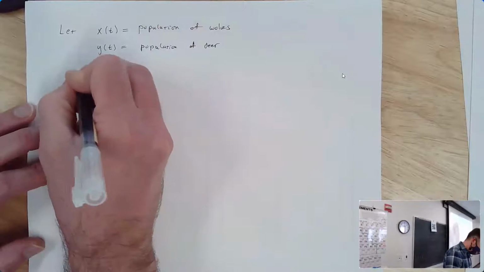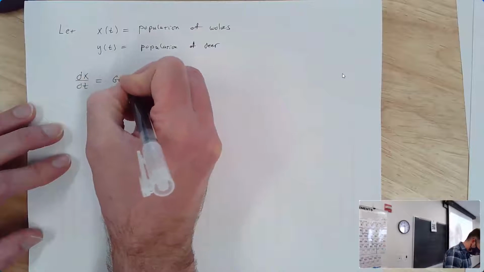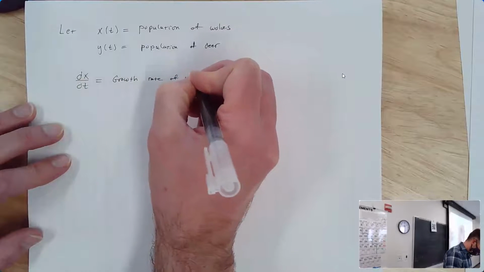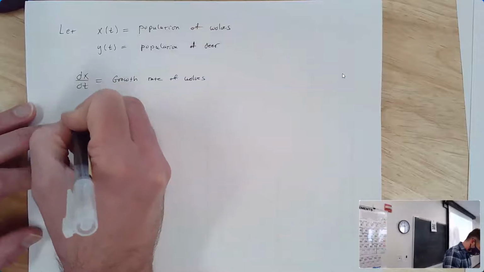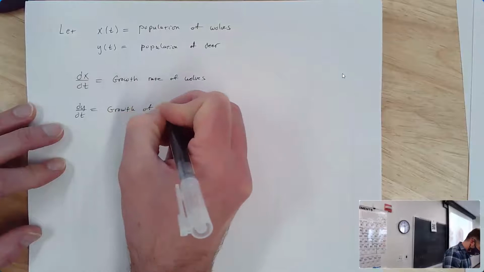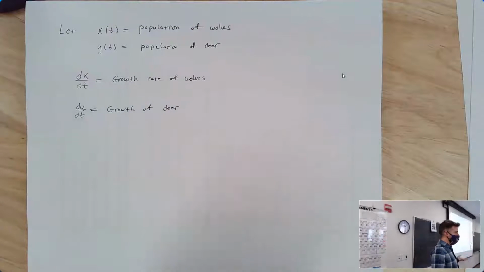So we're going to say that dx/dt is the growth rate of the wolves, and dy/dt is the growth rate of the deer. Just to be clear, if dx/dt is negative, it means the wolves are decreasing in their population size. If dy/dt is negative, it means that the deer population is decreasing in size. So positive growth rate means you're increasing, negative means you're decreasing.